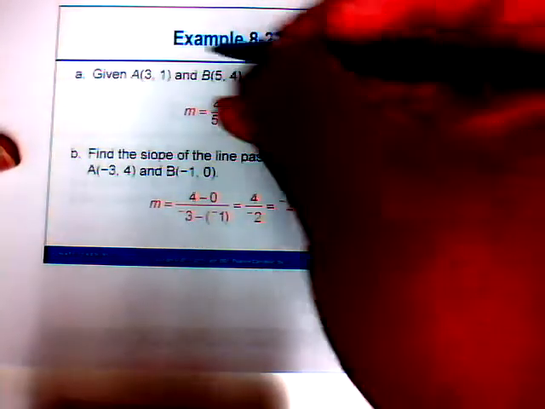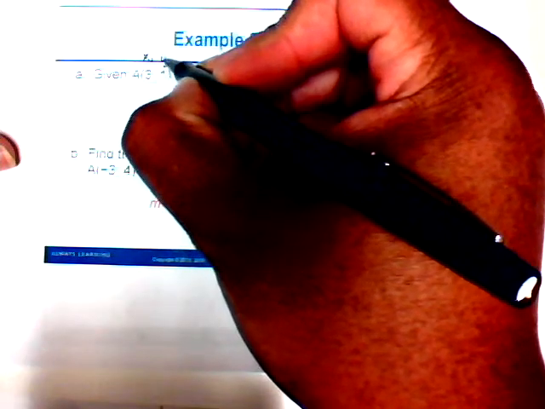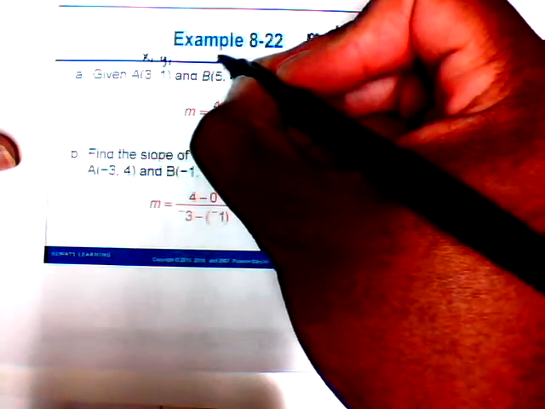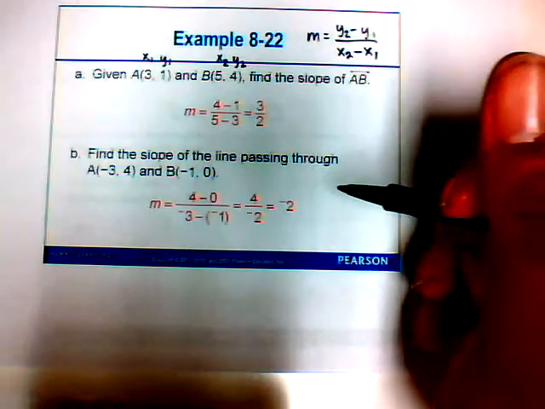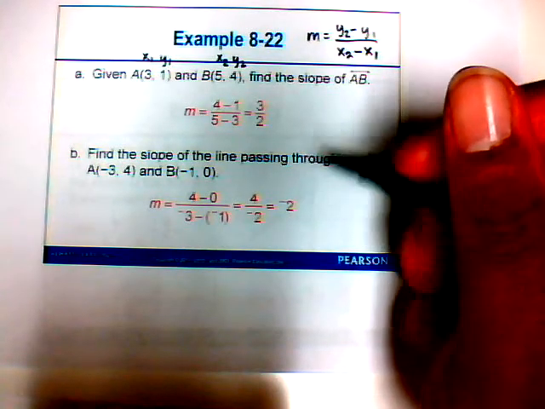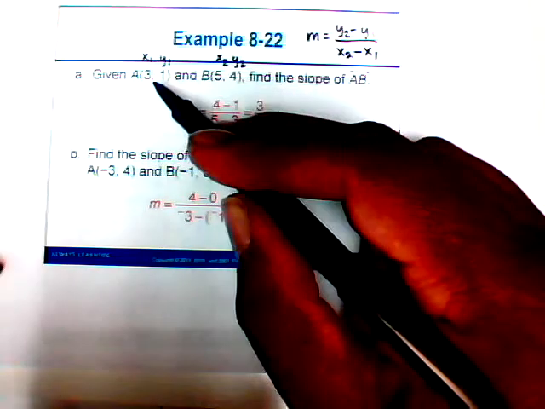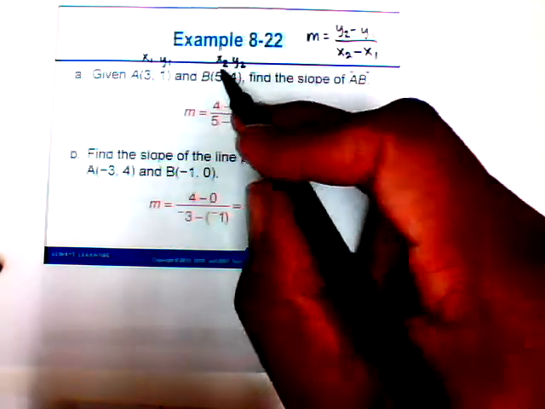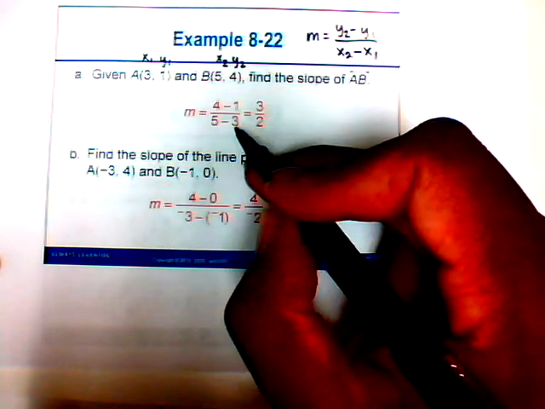So in this case here, for A, which is (3, 1), x1 will be 3, y1 will be 1. For B, with the ordered pair (5, 4), x2 is going to be 5, and y2 will be 4. So to find the slope, we do y2 minus y1, that's 4 minus 1, and then divided by x2 minus x1, 5 minus 3.